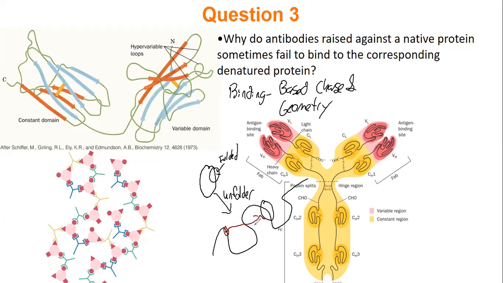Do they bind to the folded protein? And that's what it usually is. Because if a protein's denatured, this changes so fast, the geometry is constantly changing, that it's very hard for an antibody to recognize, because it really needs some kind of solid structure.